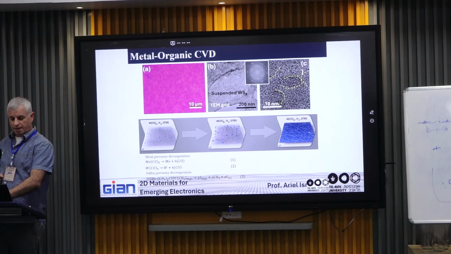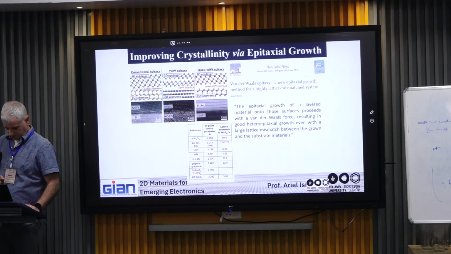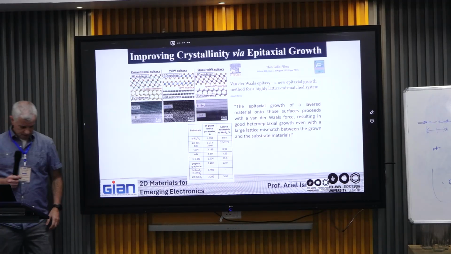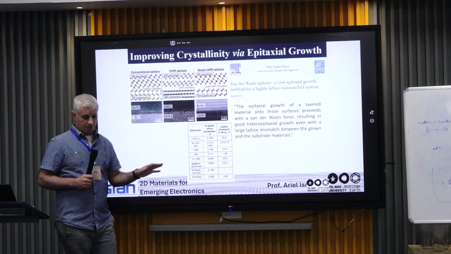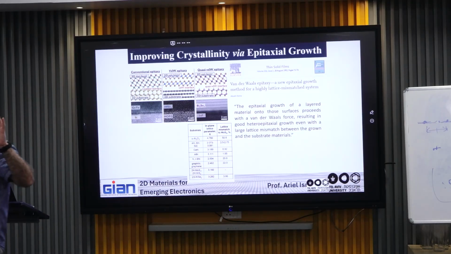So there are several ways to improve that by doing the MOCVD. So MOCVD is still promising. There are ways to get rid of the impurities by, for example, controlling the flux of the hydrogen.